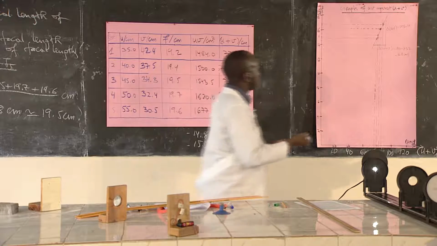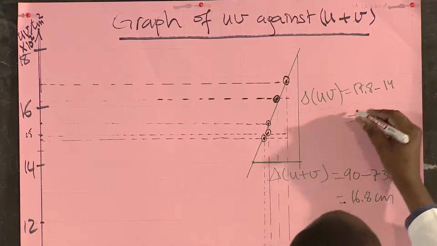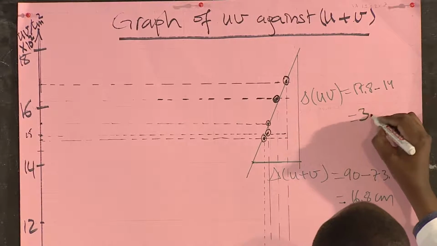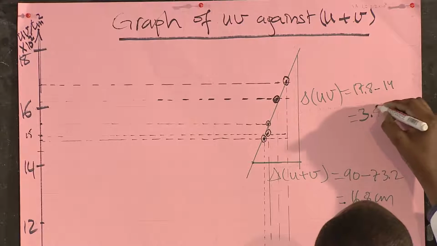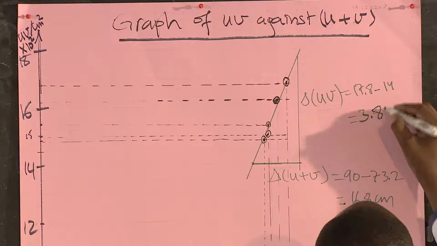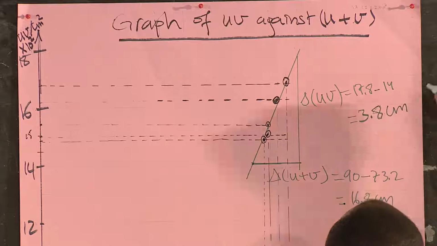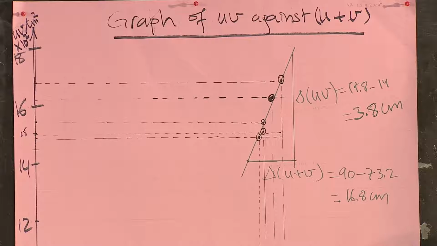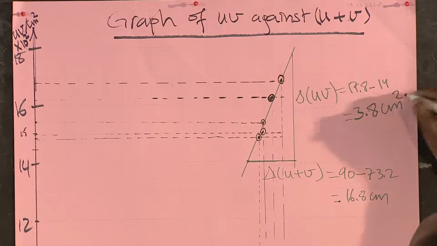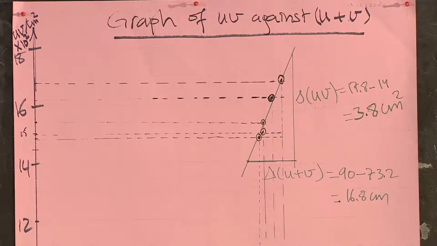Now to be correct with this, we have to use a calculator. This is 3.8 centimeter only. You get that one, it is centimeter square, because it was a product.